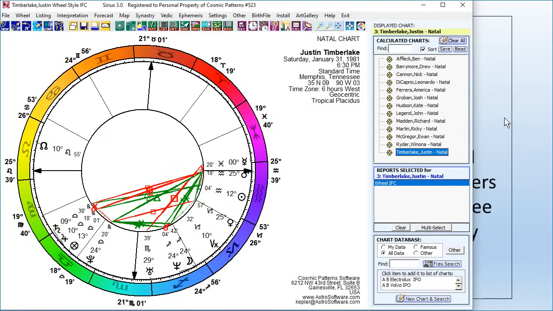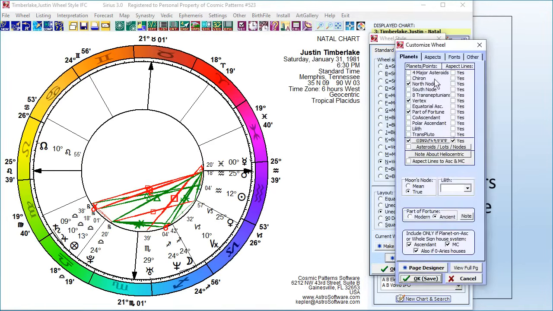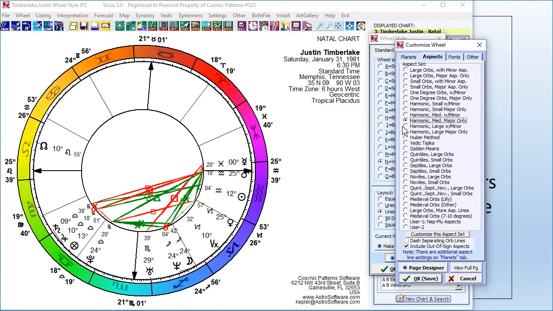Okay, my friends, we are now ready to look at planetary pairs. Again, I recommend pulling up some charts and looking at it. If you have software that doesn't show the thickness of the lines like this, you just have to look a little more carefully to see if things are in the same degree. In the Kepler and Sirius software, what I have here is if I right click and I go to customize and I go to aspects, I'm using this harmonic medium major only.